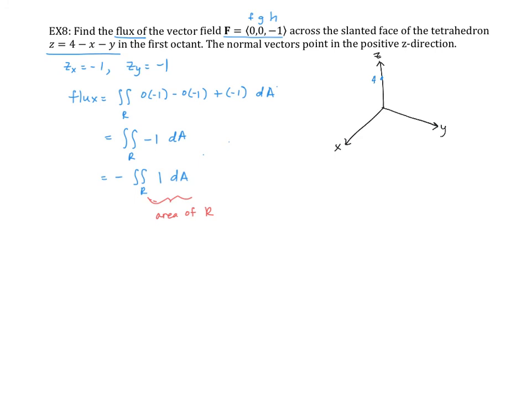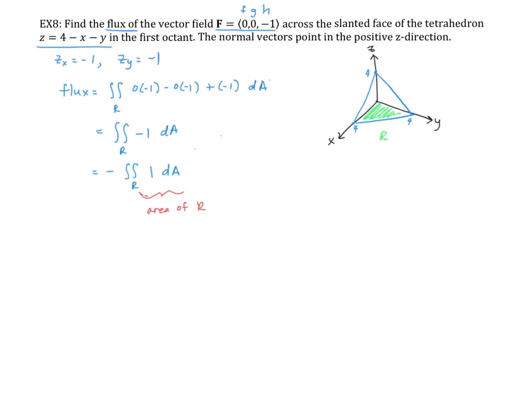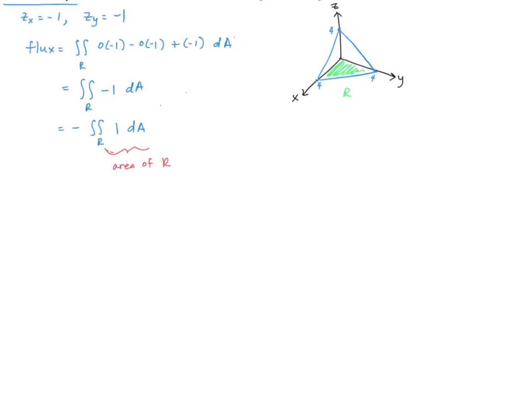Z and x equal to 0, y is equal to 4, and then y and z equal to 0, x is equal to 4. So here's our tetrahedron, which means if I just want to look at this region in the xy plane, it's going to be a triangle. And again, it might be helpful if we resketch it so that it's in the xy plane.